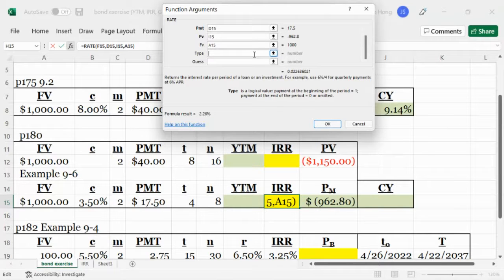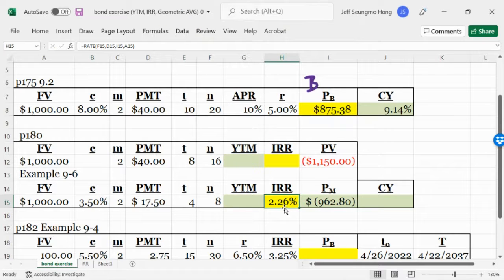And why? Because annuity due has one more compounding. That 1 means one more compounding. So when you do that, you already have something showing here. That's 2.26%. Well, again, that's the half-year rate. So the full-year rate, we know what to do.